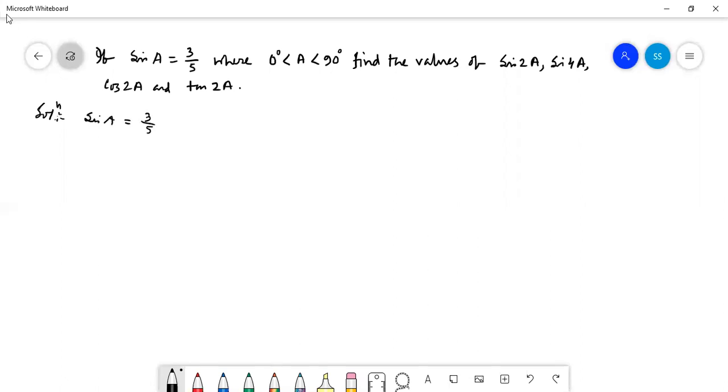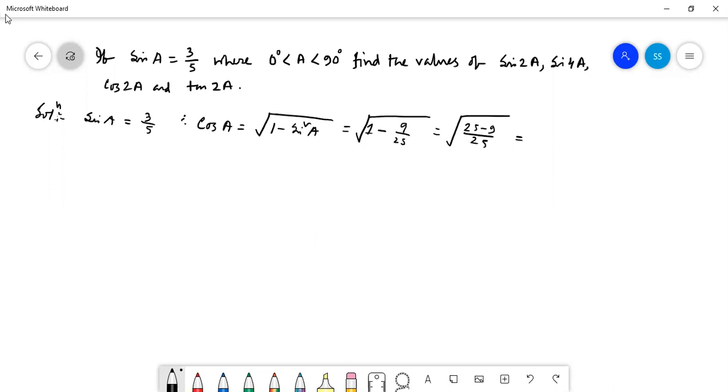So we can find the value of cos A. Cos A equal to root over 1 minus sin square A. That is root over 1 minus 9 by 25, which is equal to 4 by 5.